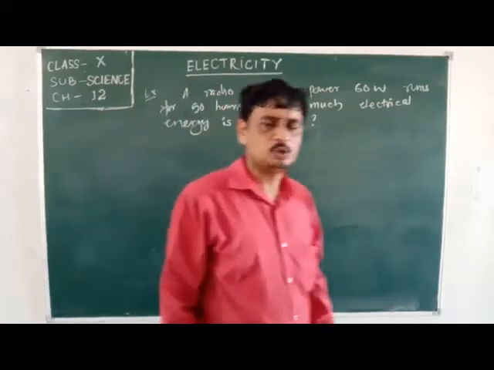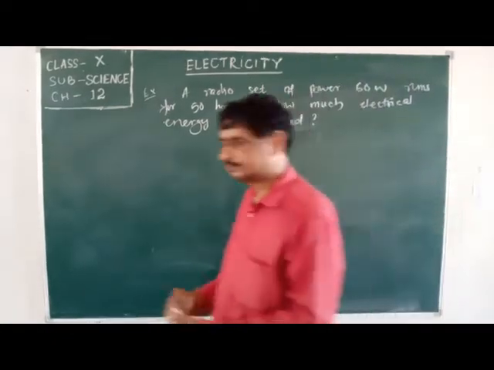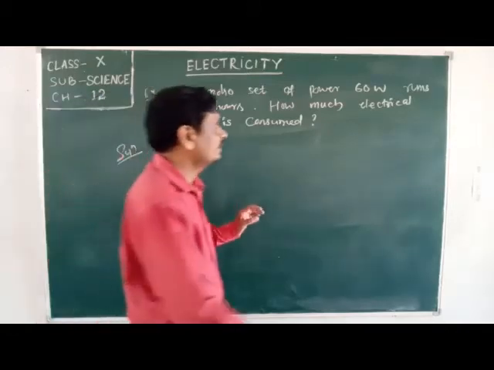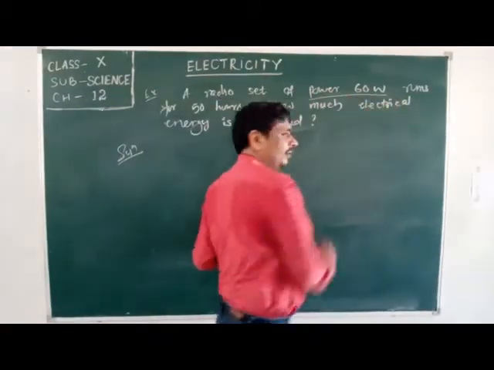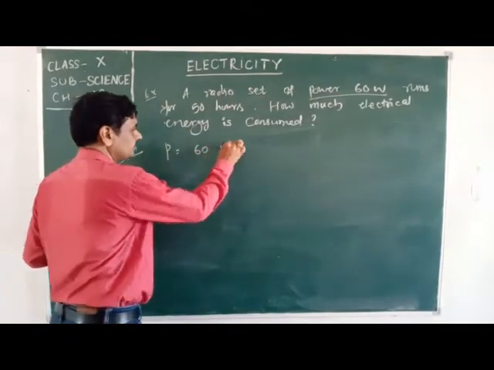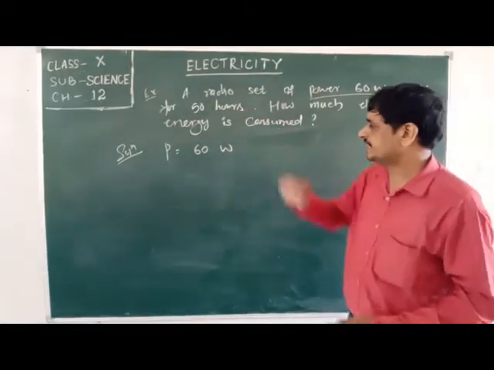So first we have to mention the quantities whose values are given here. First, it is given 60 watt, that is the power of the radio set. P is equal to 60 watt. Next, the time is given as 50 hours.